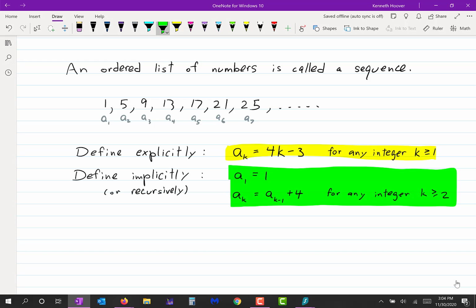And some sequences you could define either way. So what we're going to do is I'm going to write an explicit definition and an implicit definition, and we're going to prove that those two definitions will give you the same sequence.